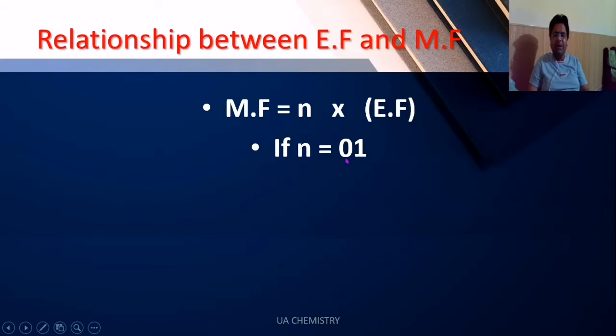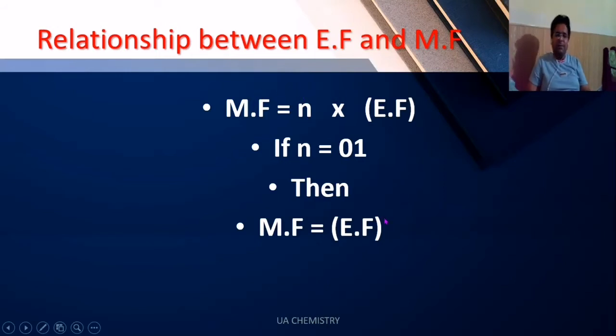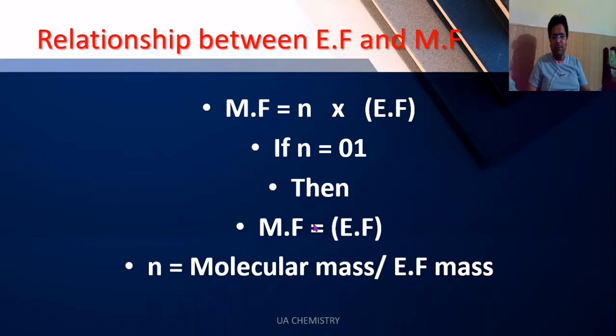It may be 1, 2, 3, or anything else. If it is 1, then the molecular and empirical formula would be the same. If it is not 1, then we multiply n with the empirical formula to get the molecular formula. We will discuss some examples afterward.